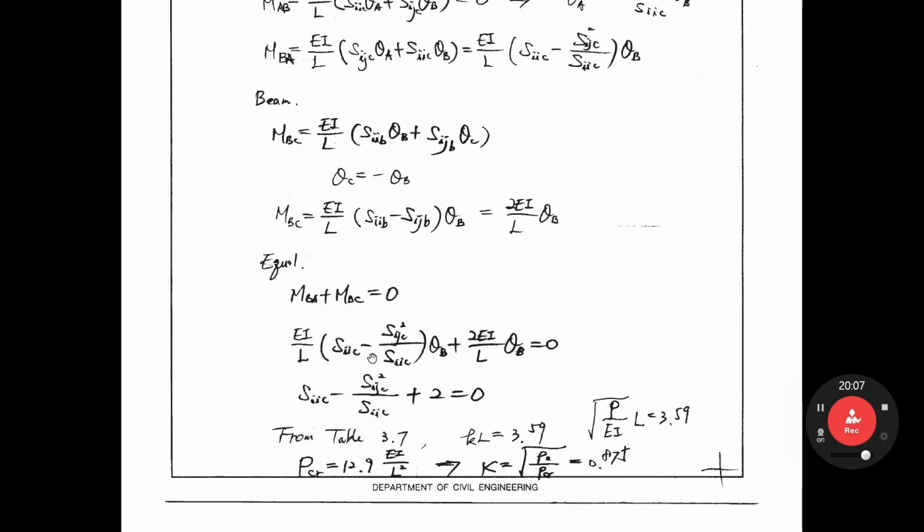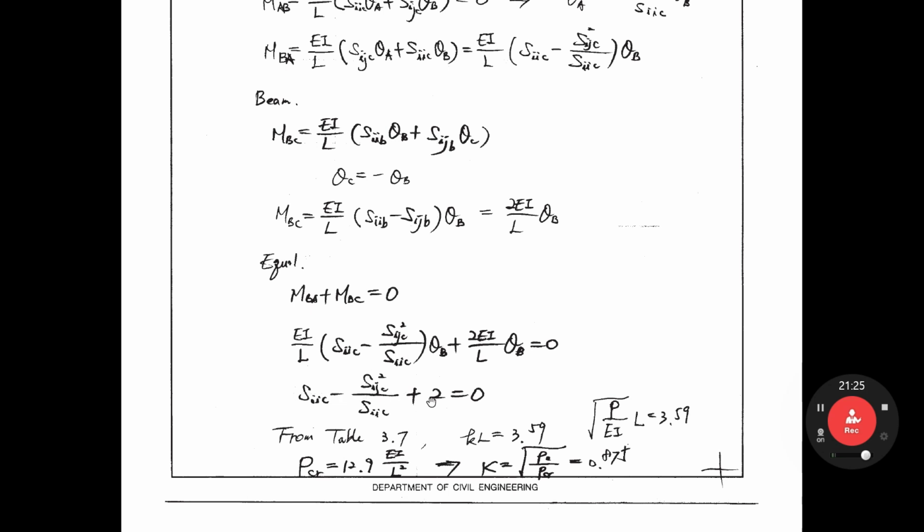So from here, you can write this form from table 3.7. You remember there are SII and SIJ values corresponding to KL, right? Using table 3.7 in your book, in order to satisfy this equation, you have to input these values by a trial and error procedure.